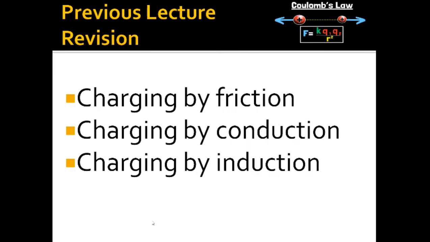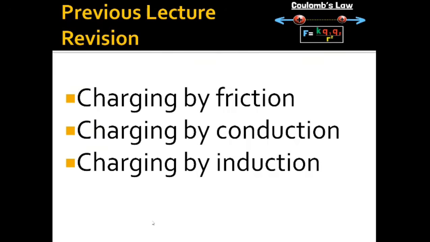While the second one is charging by conduction. In this particular process, a charged body is placed on a neutral body to get the neutral body charged. So another name for charging by conduction is charging by contact. And in charging by conduction, the 2 bodies, both the one charging and the one that is to be charged, maintain the same charge after the process.